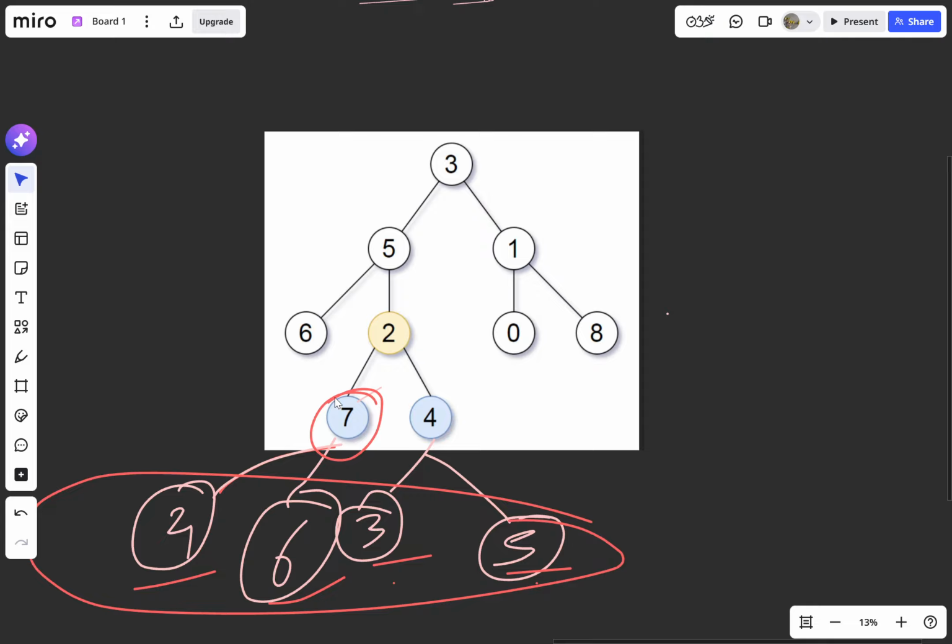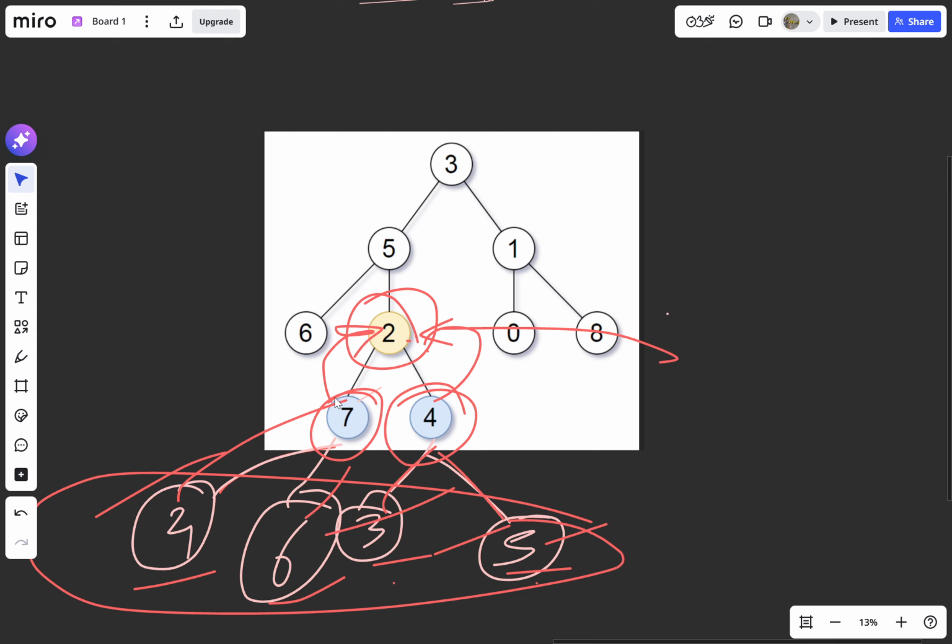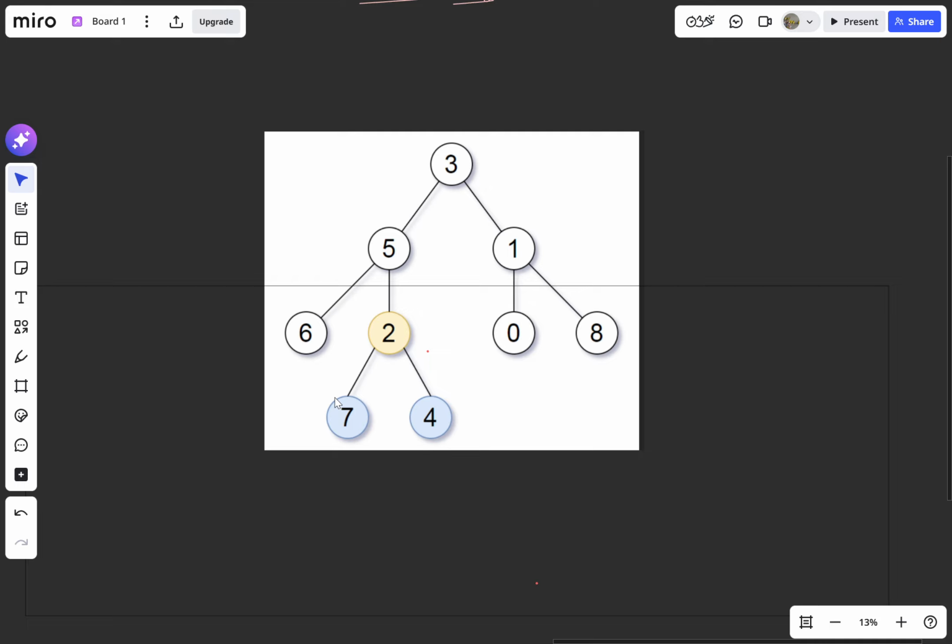The node 7 contains 4 and 6 but not 3 and 5, so we will go to the upper side and check 2. Now 2 is containing 4, 6, 3 and 5, so 2 will be our answer as the lowest common ancestor. Okay, so let's see the solution.